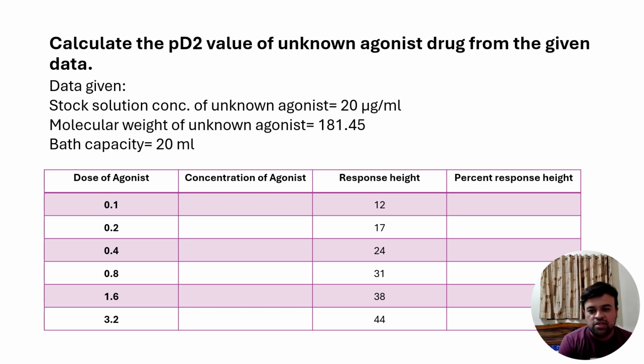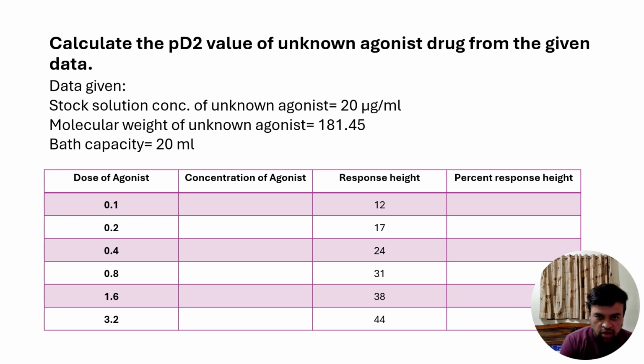There will always be a question in the exam: calculate the pD2 value of an unknown agonist drug from the given data. Certain data will be given: the stock solution concentration of the agonist drug, the molecular weight of that agonist drug, and the bath capacity of the organ tube.